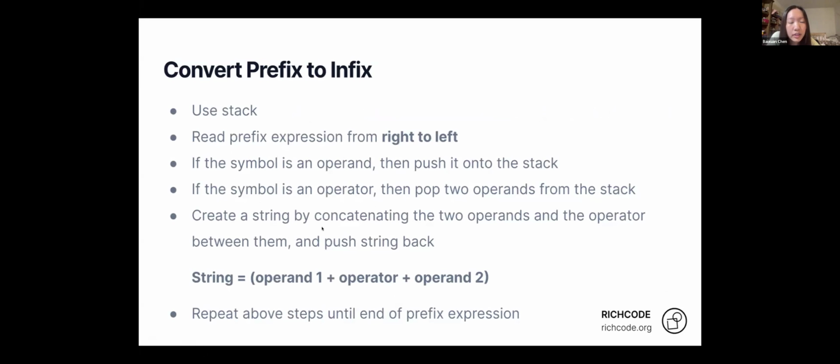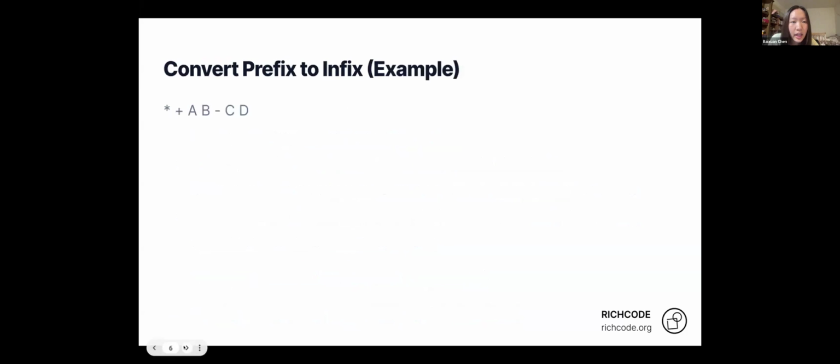If the symbol is an operator, then you pop two operands from the stack and create a string by concatenating the two operands with the operator between them, and then push the string back. We repeat until the end of the prefix expression. So that's how you convert prefix to infix.